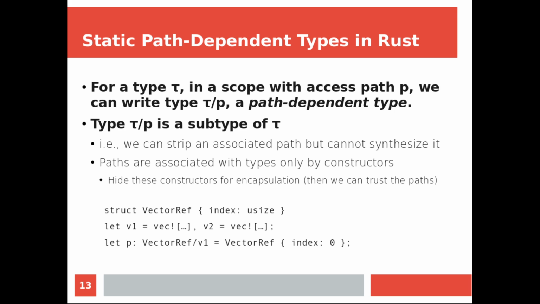This means that a value of type tau/p can always be cast to just type tau. That is, we can always strip off the associated path, but we can never forge it. The path can only be attached when the object is constructed. In this code snippet, given some struct we call vectorref, which we'll use to encapsulate array indices, we can write types vectorref/v1 and vectorref/v2 when v1 and v2 are local variables in scope.